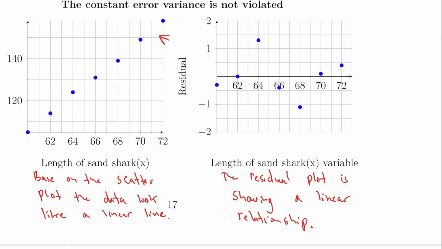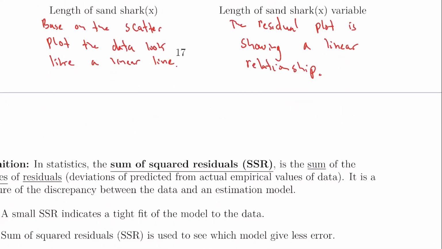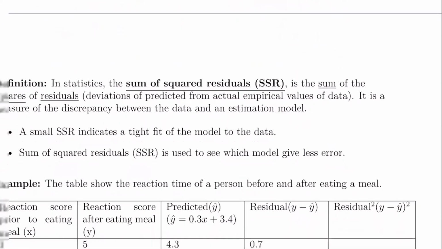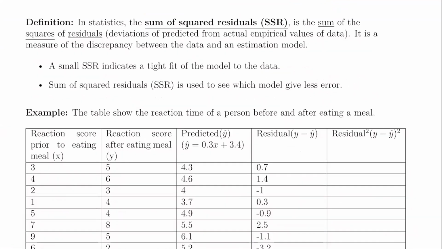All right. So the last thing we're going to do for this is something called the sum of square residual. The sum of square residual is pretty much just telling us how much error we have in this model. So if our model is a perfect model, what should the sum of square residual, or SSR, equal?